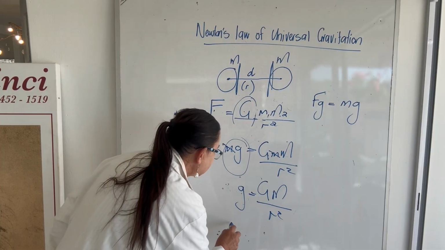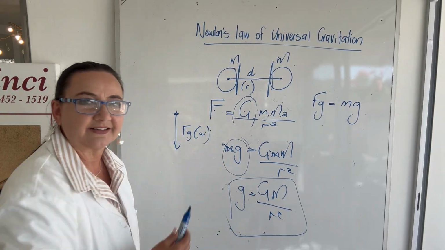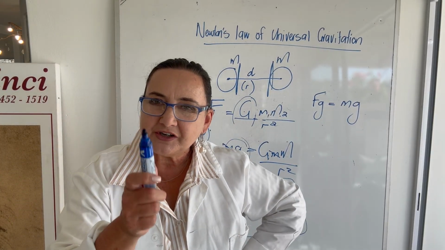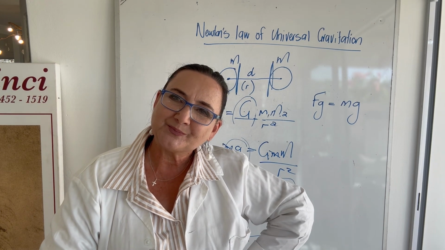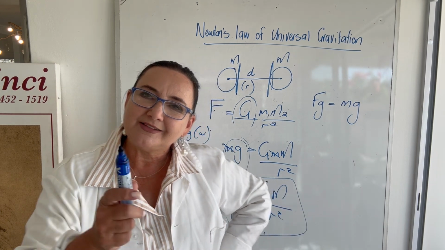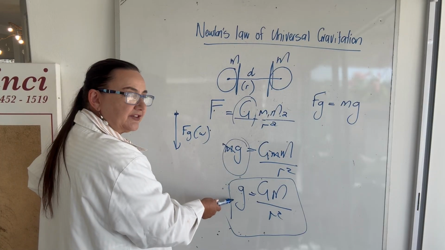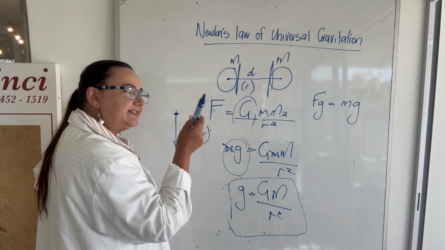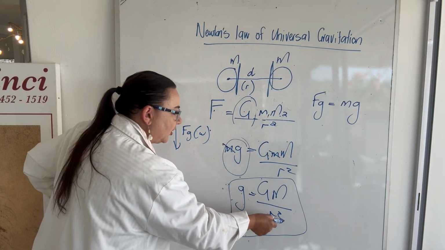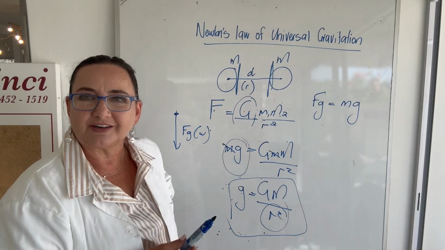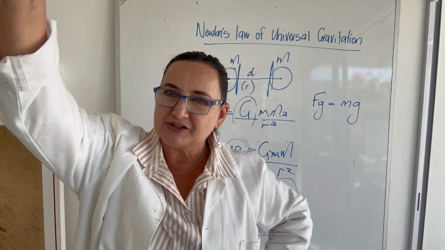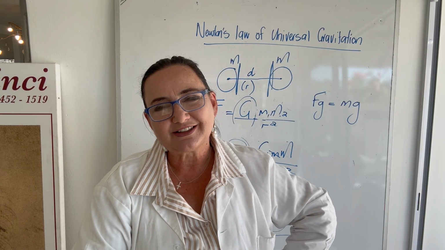And the moment I say this, you have to now query me and say, ma'am, that means that acceleration is actually dependent on how far above the surface of that planet you are.